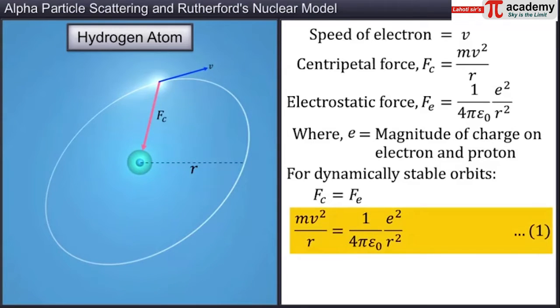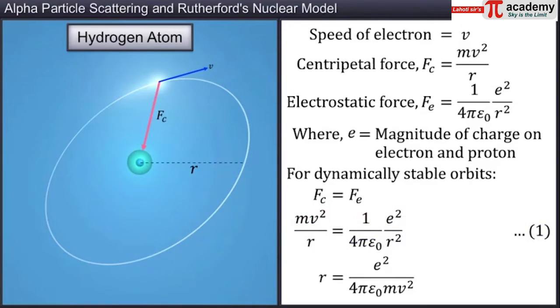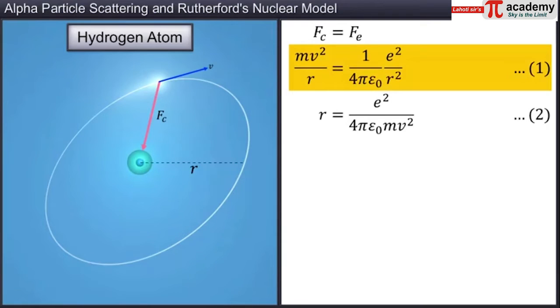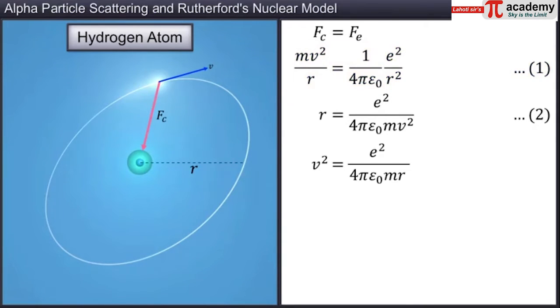On simplifying equation 1, we get the radius r is equal to e square by 4 pi epsilon naught m v square. Let this be equation 2. From equation 1, we also have v square is equal to e square by 4 pi epsilon naught m r.